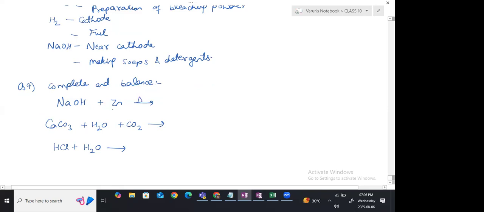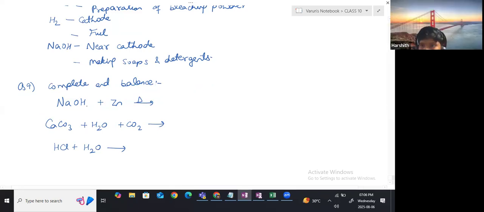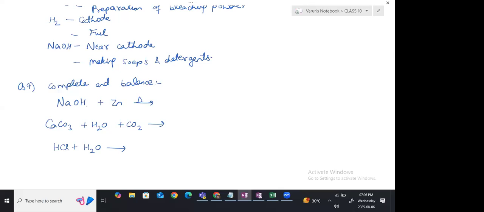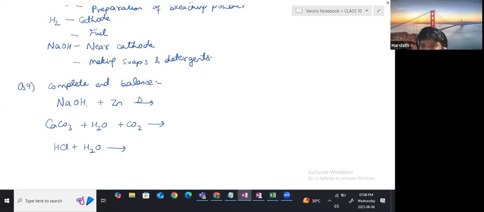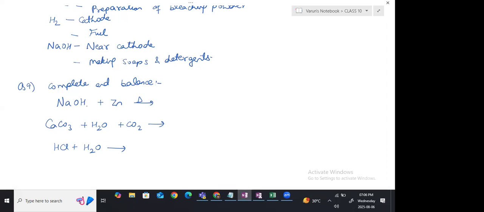Now see, you are reacting zinc with a base. What is the nature of the base? Basic. What is the nature of zinc? Zinc is amphoteric in nature.